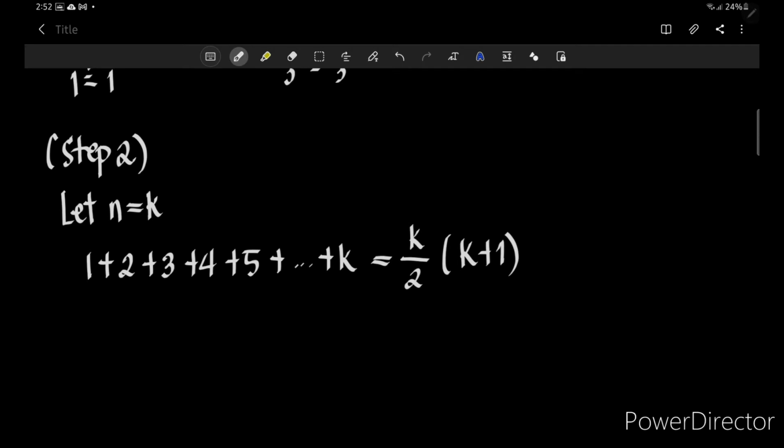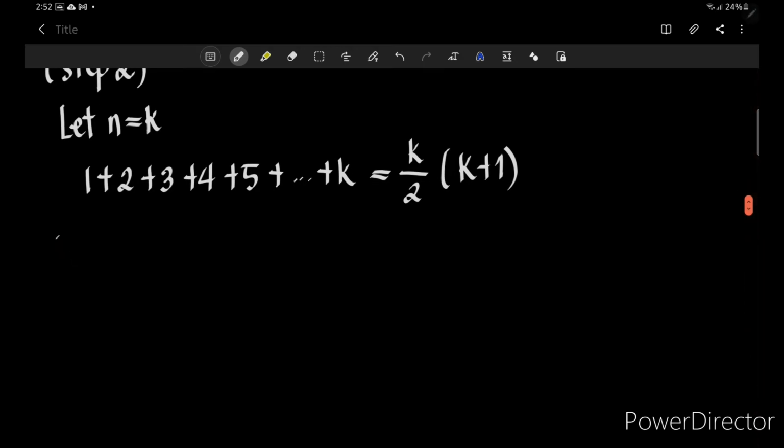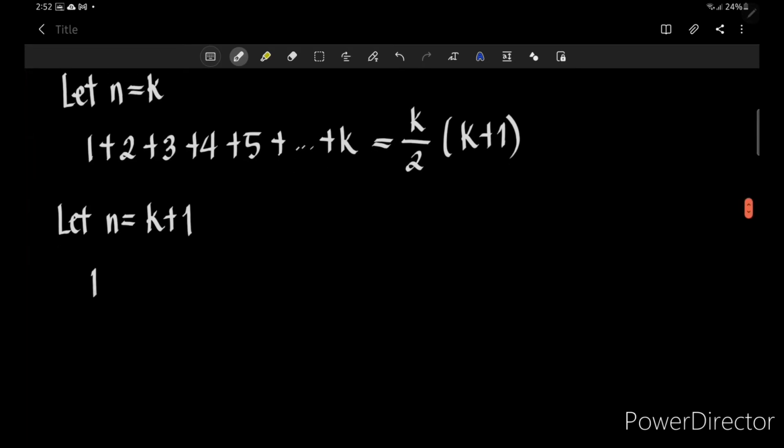Okay? If n is equal to k is true, dapat yung kasunod nito, which is si k plus 1, is also true. Let n is equal to k plus 1. Okay. Now, yung left side, magkakaroon tayo ng 1 plus 2 plus 3 plus 4 plus 5 all the way up to k.